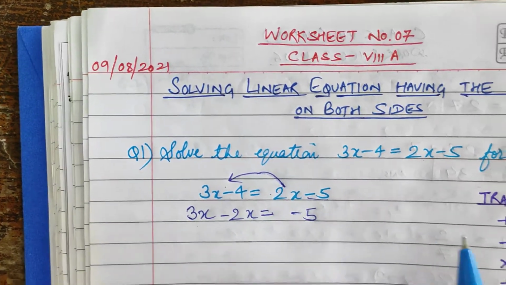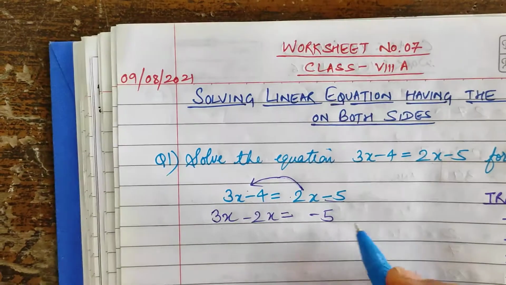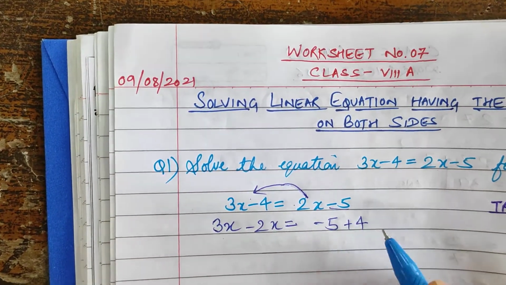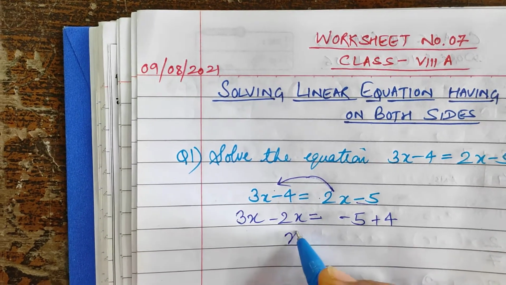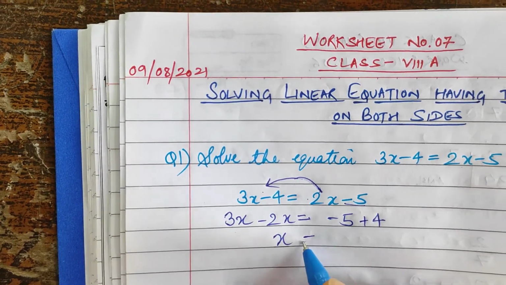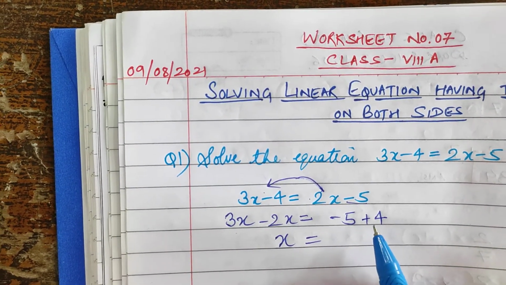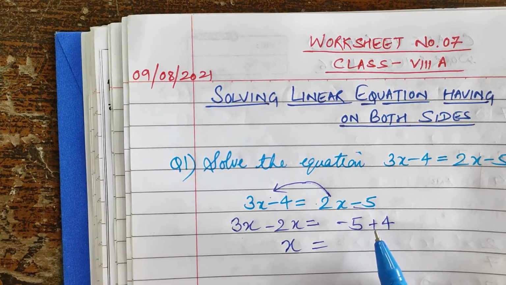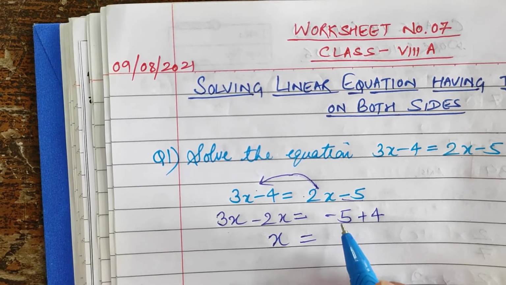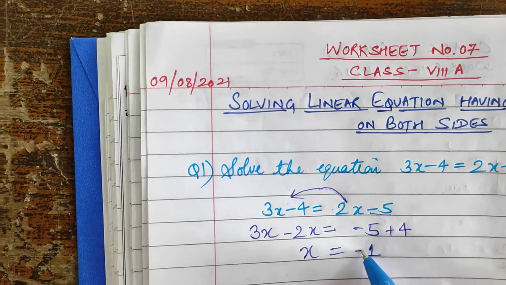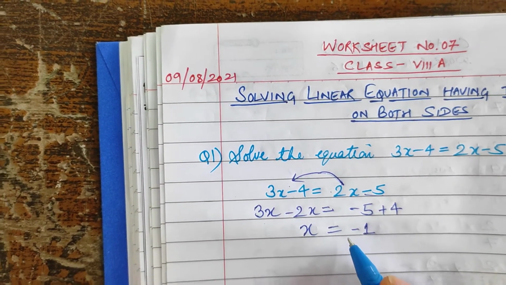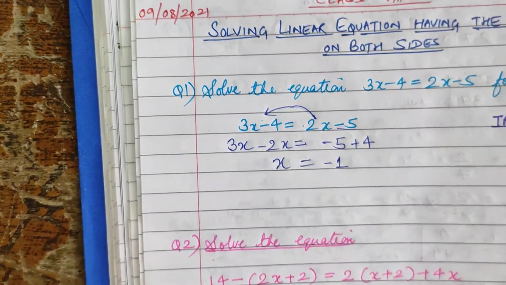So minus becomes plus. So 3x minus 2x is 1x. Need not write 1, we are only writing x. And minus 5 plus 4. Minus plus is minus, so we are subtracting it. 5 minus 4 is 1, and sign of the greater number, so minus 1. So this is your answer: x equals minus 1.